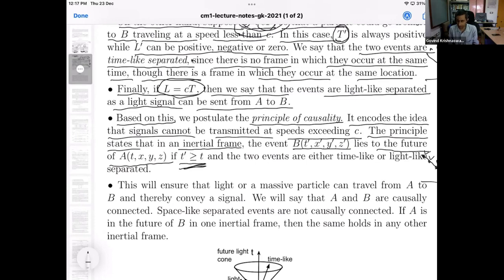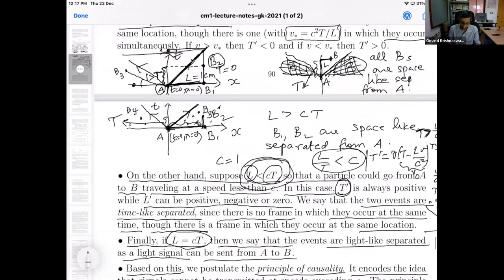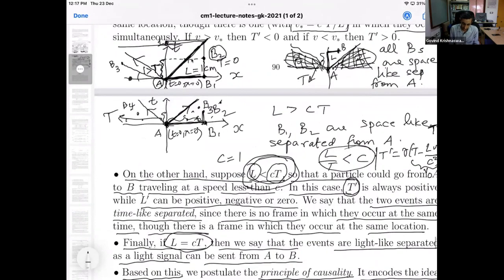Because from the figure, they may not be causally connected in a physical sense, because all these events B that I marked here have their time more than the time of A, because time of A was 0, all these times are positive.